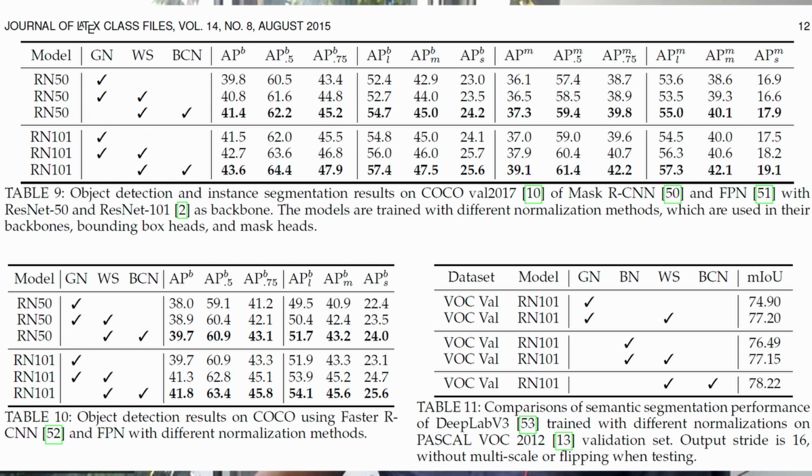In the paper, they are showing different results. I don't want to go through all of them, but just want to highlight the segmentation, instance segmentation, and object detection performance. They showed the combination of batch-channel normalization and weight standardization can outperform group normalization and only weight standardization.